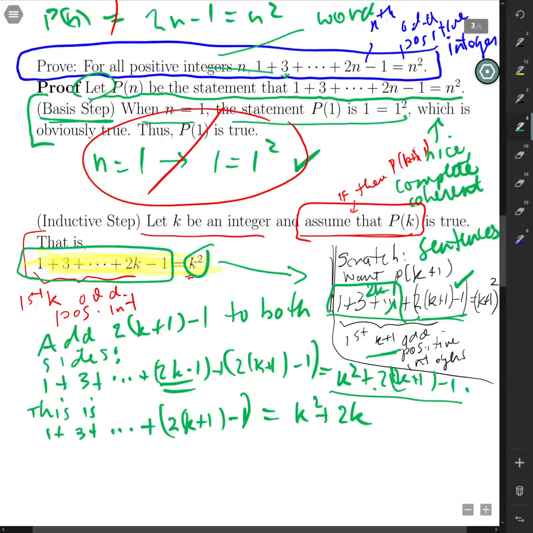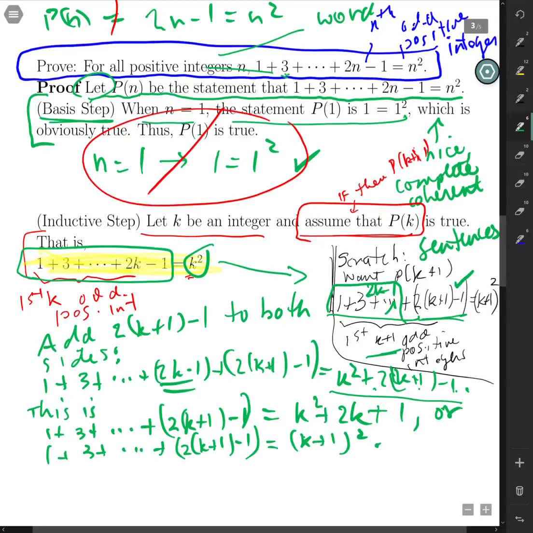And then there's a 2 times 1, which is 2, minus 1. So that's plus 1. Or let me reinterpret 1 + 3 + ... + (2(k+1) minus 1). Again, I'll group that to show it's a single term over there. That's just (k+1) squared. So we did get what we wanted.